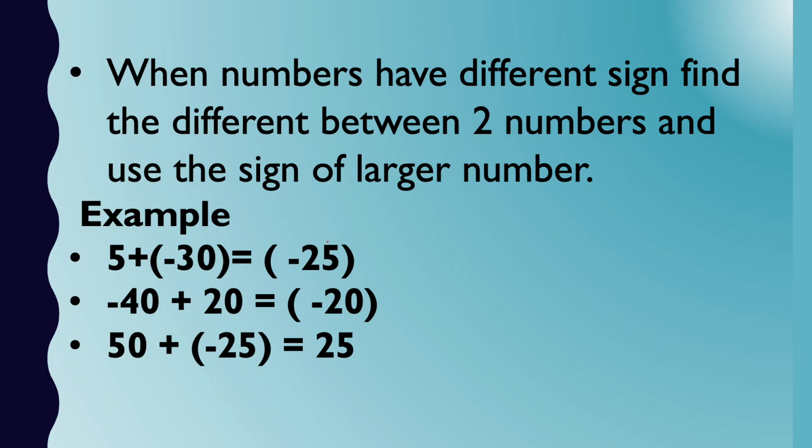What is the larger number's sign? Minus. So which sign are we going to write in our answer? Minus. So what is the answer? Minus 20. I'm going to repeat again: minus 40 plus 20 is going to be minus 20.